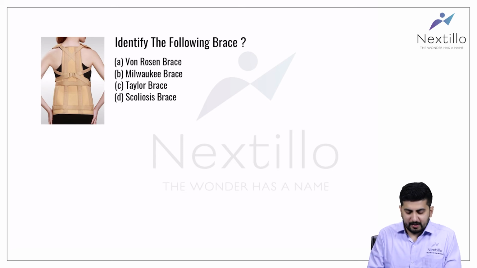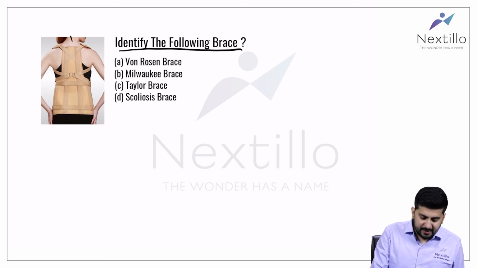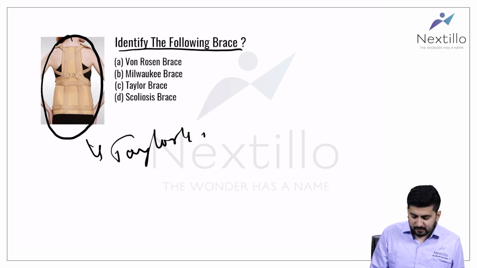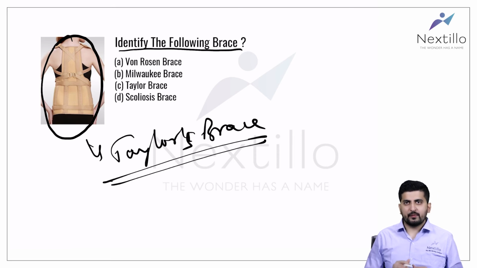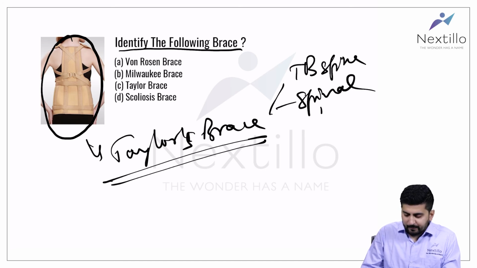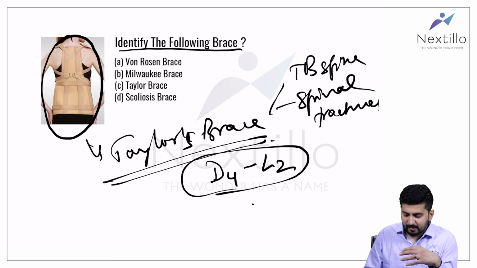Now the next question asked is identify the following brace. Now this brace is known as the Taylor's brace, and Taylor's brace is used for supporting the spine in disease pathologies such as tuberculosis of the spine, spinal fractures, and other disease pathologies which involve the spine starting from D4 to L2 vertebral level.